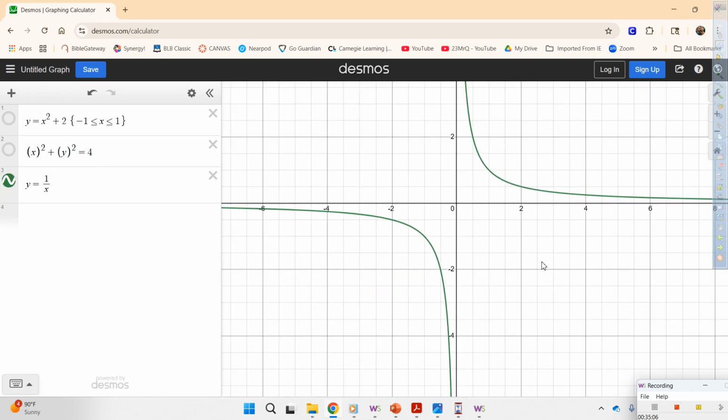There it is. However, I don't want anything to the left of -2 or anything to the right of +2. So tell your neighbor what to write for the domain right there. What do I write for the domain?